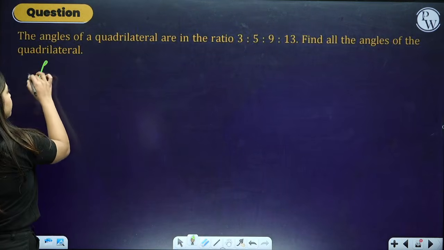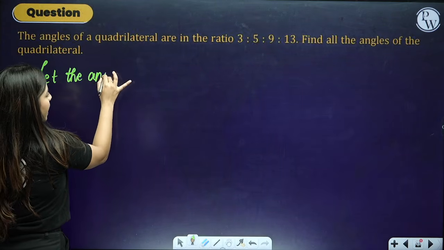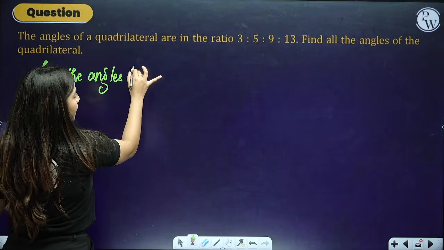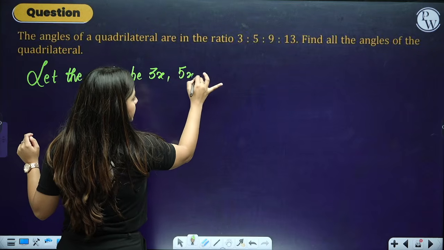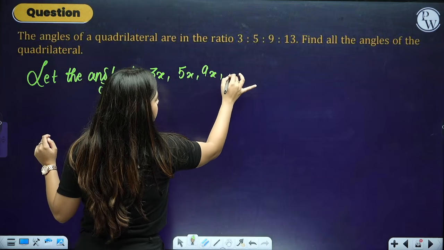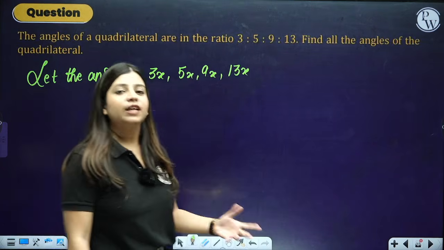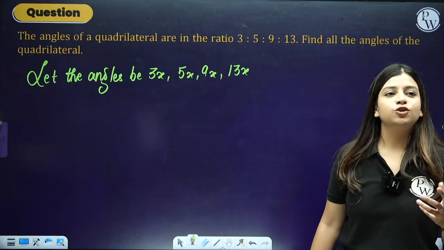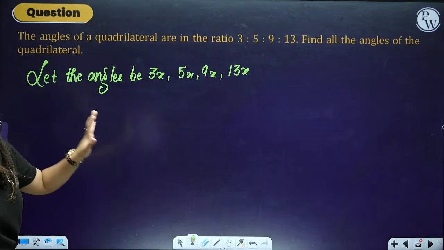So, let's say first of all we have to write let the angles be 3x, 5x, 9x, 13x. Right? So, we have removed the ratio and just put the x.